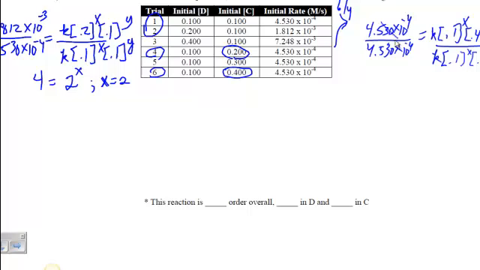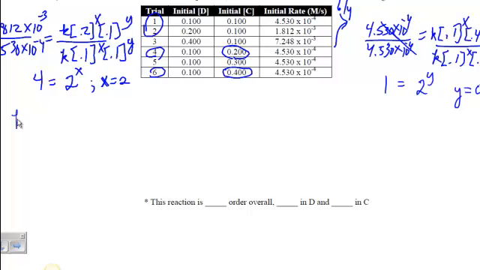And you can see here this side cancels to 1. Constants cancel, the D concentrations cancel. I'm left with 2 to the y. And 2 to the 0 power will equal 1, therefore y is equal to 0. Now we have to solve for the constant.